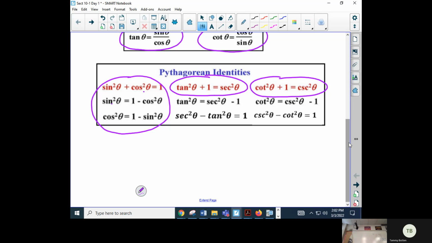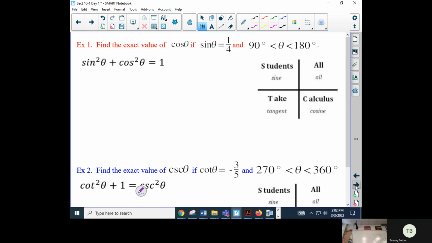Another one: cotangent squared plus 1 is cosecant squared, and I solved it for cotangent squared and for cosecant squared. You don't have to memorize them. You'll have that cheat sheet.